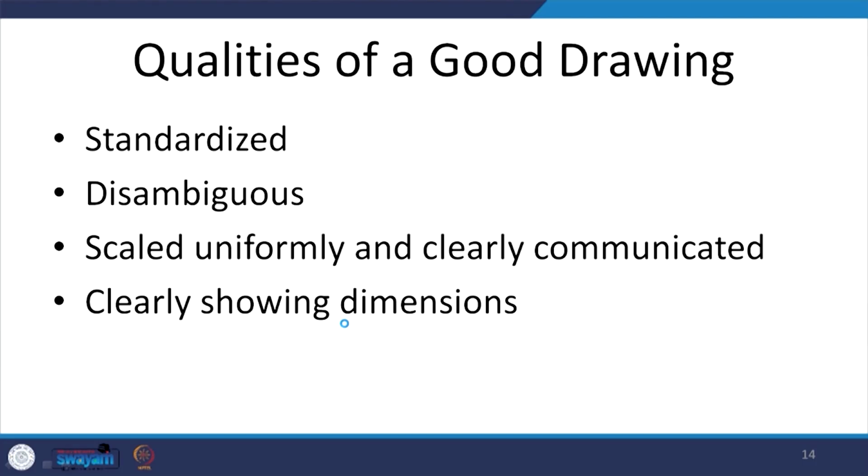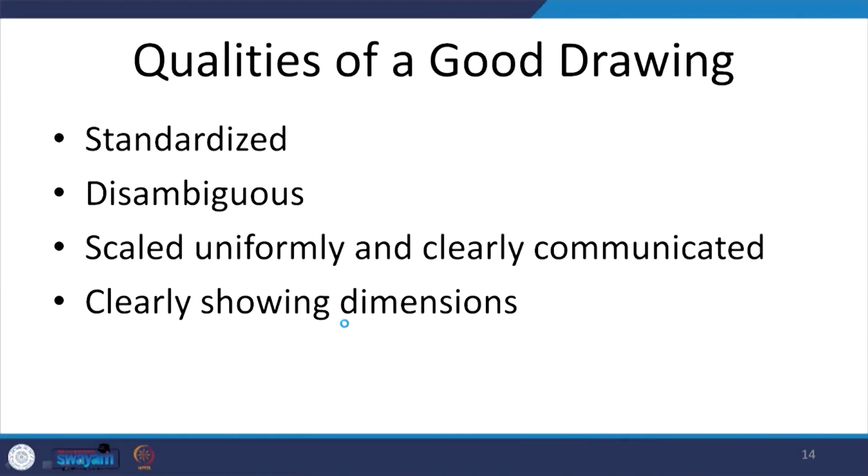So we come to almost the conclusion of this introductory lecture, and I will conclude it by telling you the qualities of a good drawing. When do you know that the drawing is a good drawing? When it is a standardized drawing. We're talking about architectural drawing, engineering drawing, so it has to be standardized.